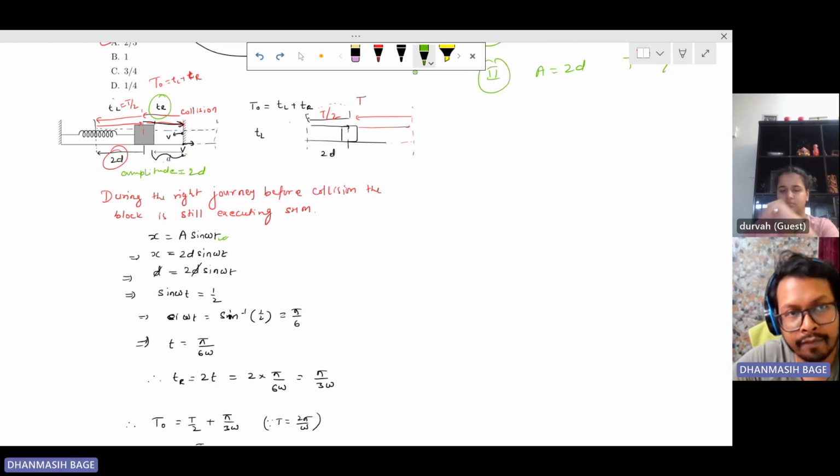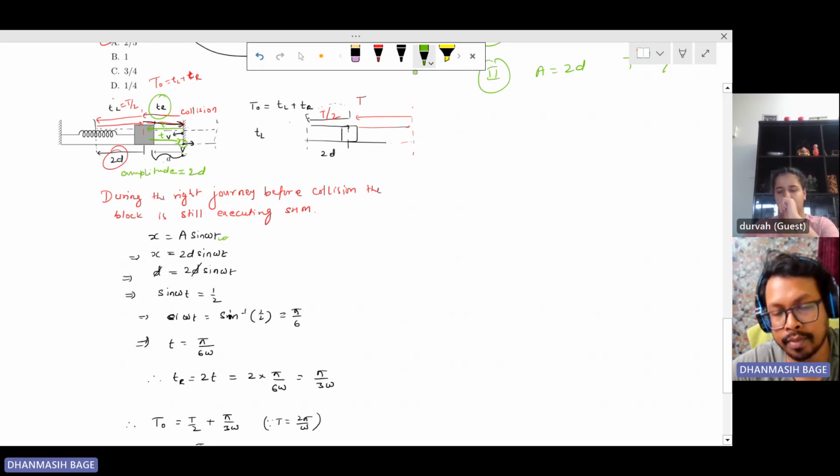Getting it? If it takes T time from here to here, it will take exactly T amount of time while reversing, because of the elastic collision. When it hit the wall, it was traveling with v velocity. Just before hitting the wall, it had v velocity.